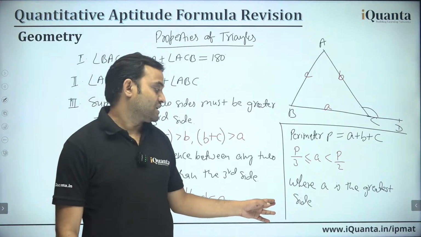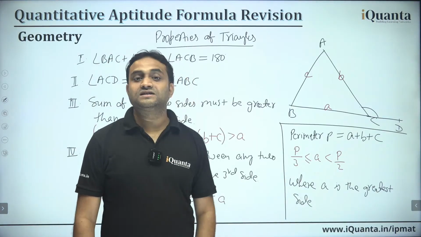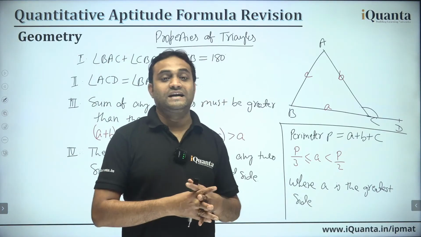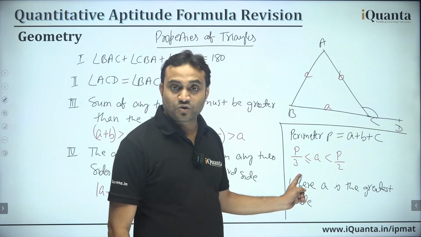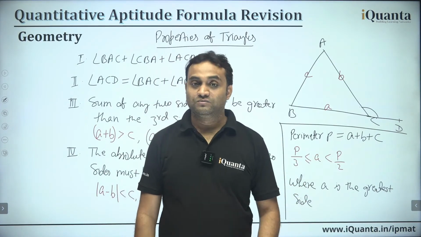If we talk about the greatest side, then this is the relation between the perimeter and any side, that a is greater than or equal to P by 3 and less than P by 2. Okay.